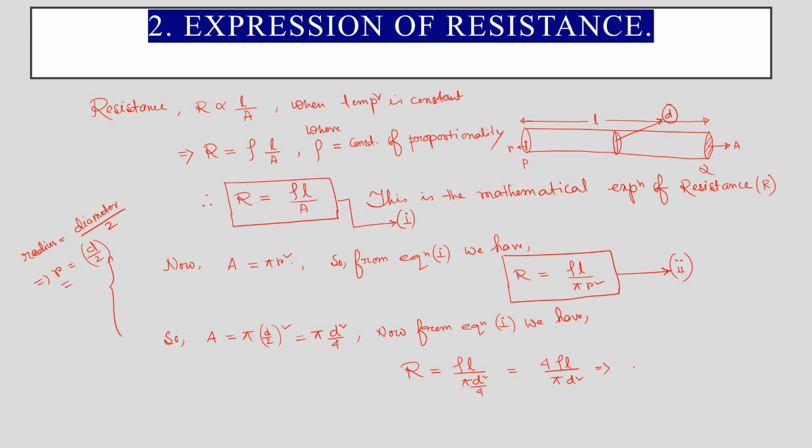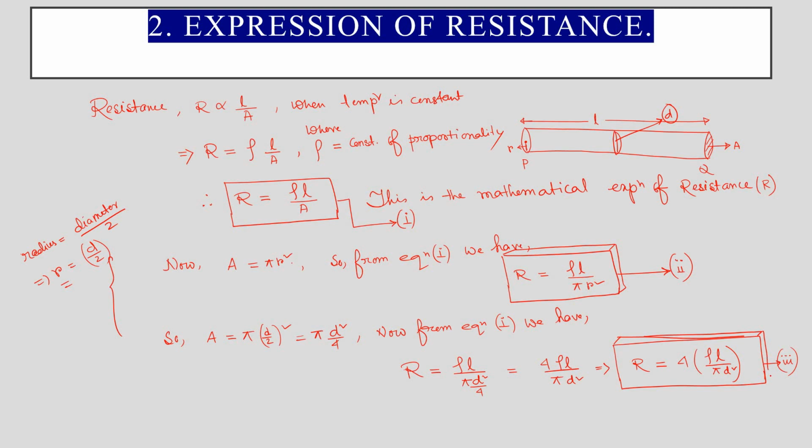So this is another expression, so we can simply write R equal to 4 rho L by pi D square. This is another expression of resistance. These are the three expressions of resistance. All are necessary to remember because for solving different kinds of numerical examples, all these formulas or mathematical expressions are important.